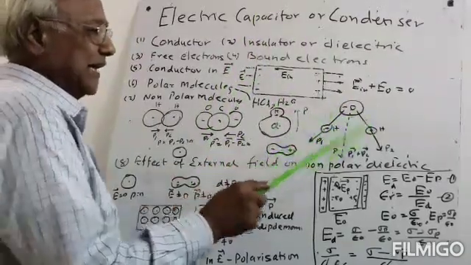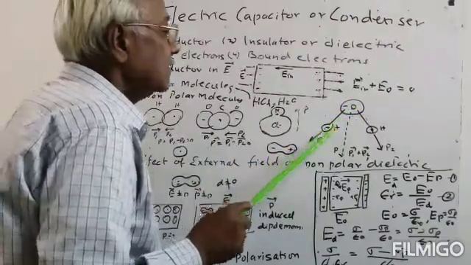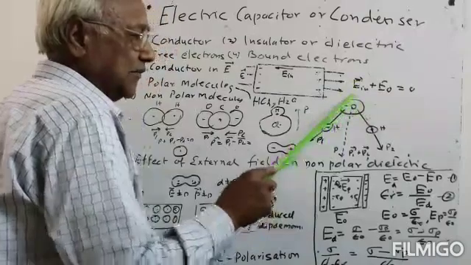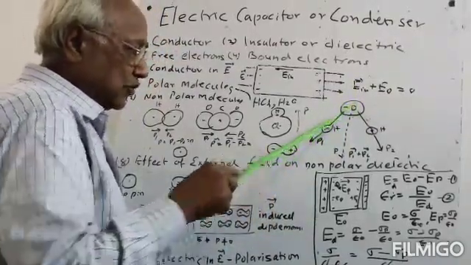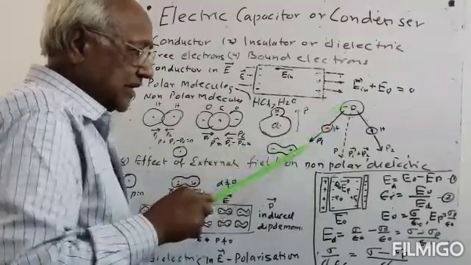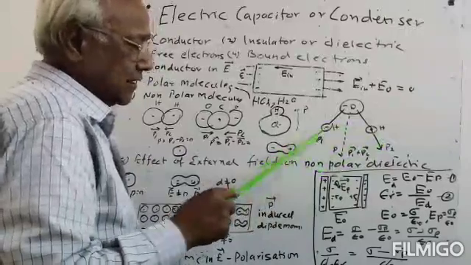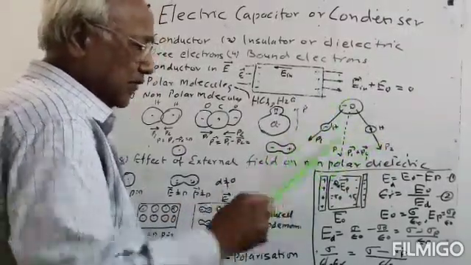Similarly, we can take the example of the water molecule, H and O. Now O is negative, the center of negative charge is towards O and positive here. So the dipole moment due to this H and O is in this direction, and this H and O in this direction. The resultant dipole moment will be the vector sum of these.